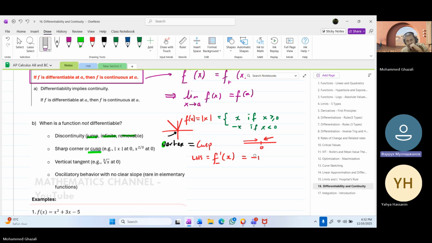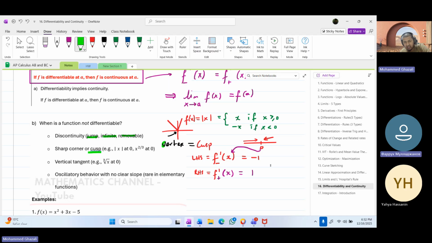Yeah. And if I try a right-hand side limit, f prime, remember the x value is 0 here. Now, because this is not a function, it already turned out to be a constant. There's nothing to substitute into. F prime x from the right, differentiating x, you're getting 1.